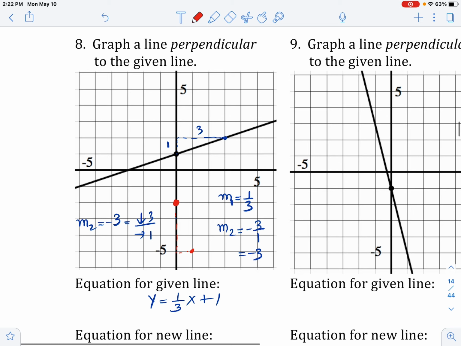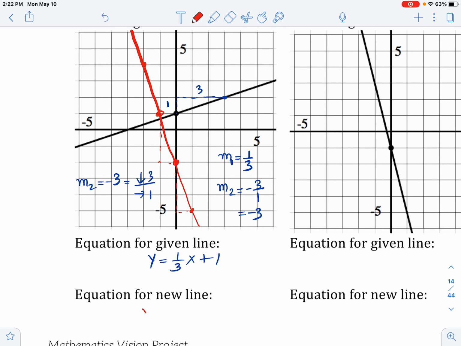I go backward, left by 1, up by 3. So I get this point, and then I get next more points, and that's my perpendicular line to this given line. And if I have to write the equation for that, I would be writing y equal to, now the slope is negative 3x, and where is the y-intercept? That's negative 2. So slope is negative 3x and negative 2.